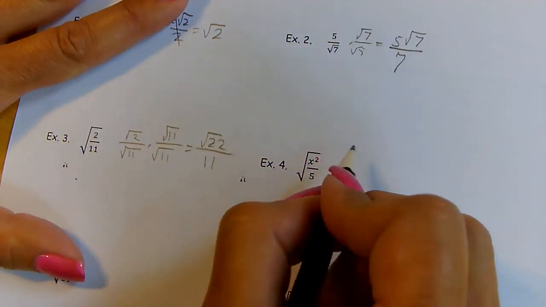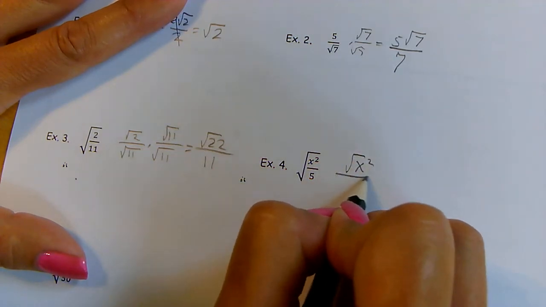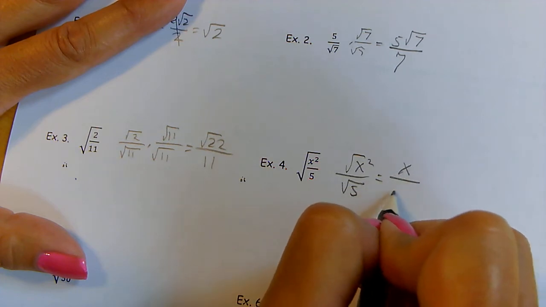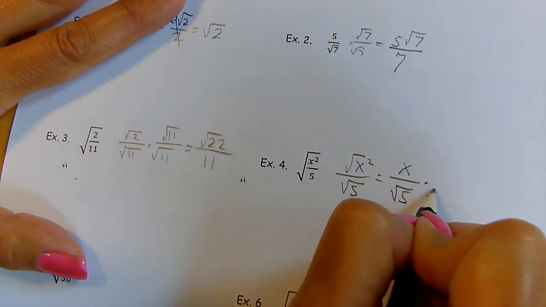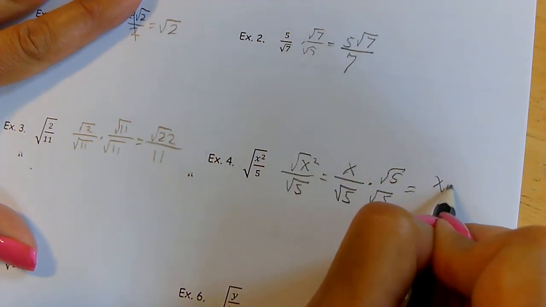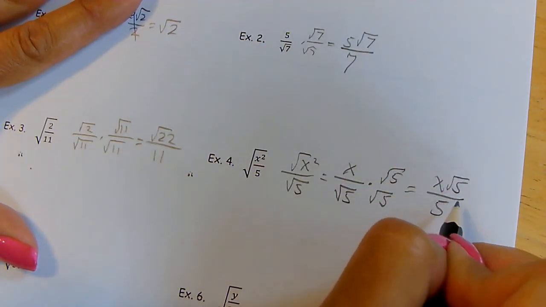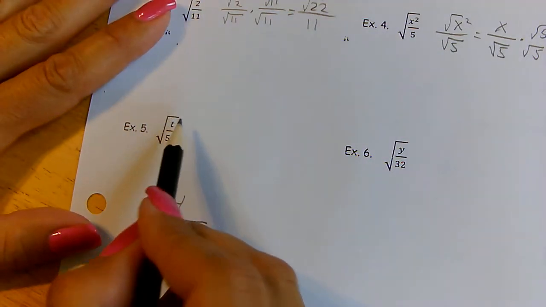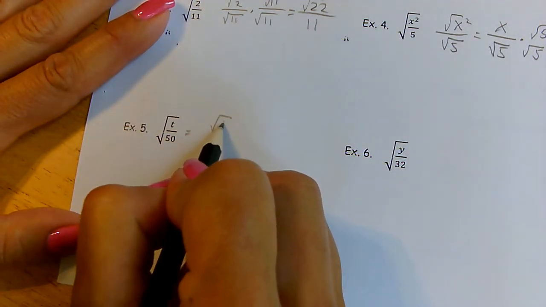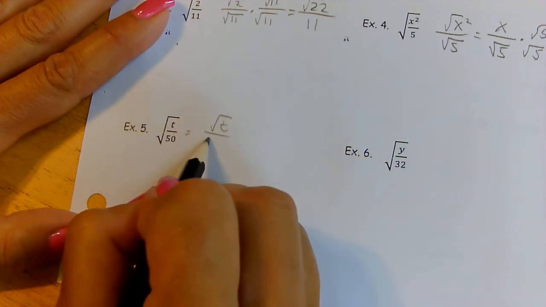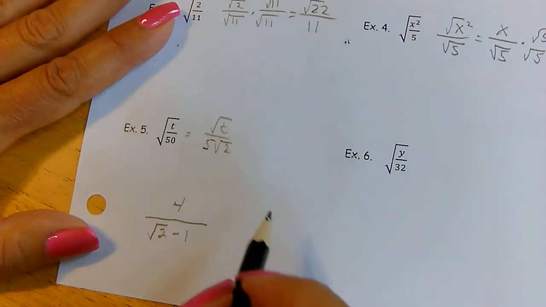Here I can't simplify together, so it's x over the square root of 5. I still need to rationalize. x square root of 5 over 5. Here I'm gonna square root of t, square root of 50 is gonna be 25 times 2, so 5 square root of 2.